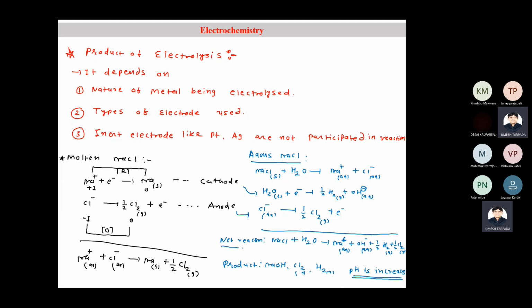So this is the electrolysis of molten NaCl as well as aqueous NaCl. Which product is formed at the anode and cathode in which case, you can keep in mind: always the negative ion undergoes oxidation and the positive ion undergoes reduction.